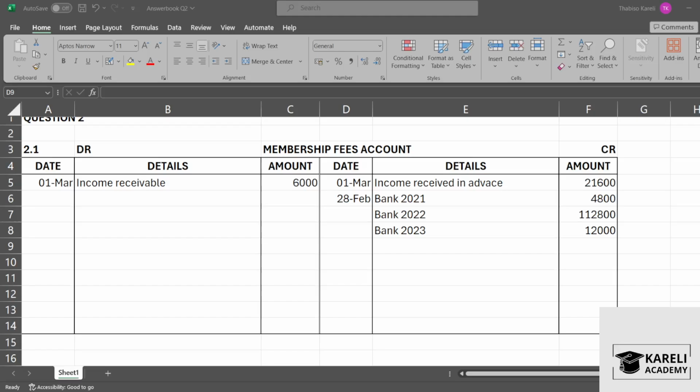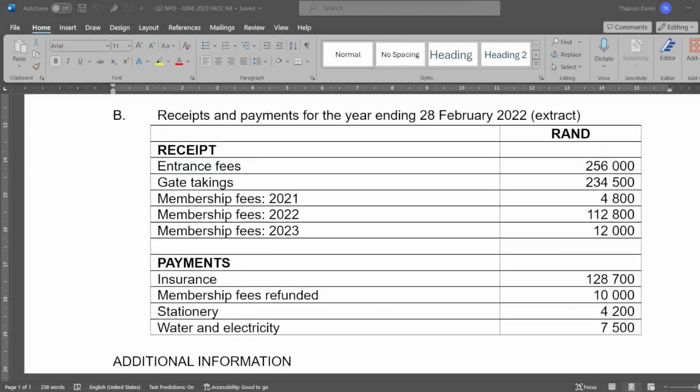Then what else do we have from the question paper? We are also given the membership fees refunded, meaning those are your bank refunds. Remember, everything in receipts is the amounts that we have received, and everything in payments is the amounts that we have paid. Now this is the refund. It means we are refunding the membership fees, meaning that is an expense.